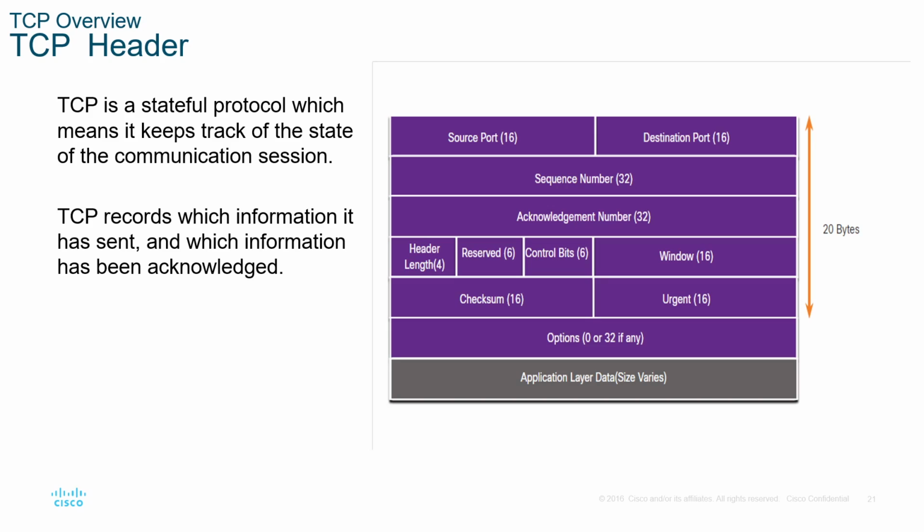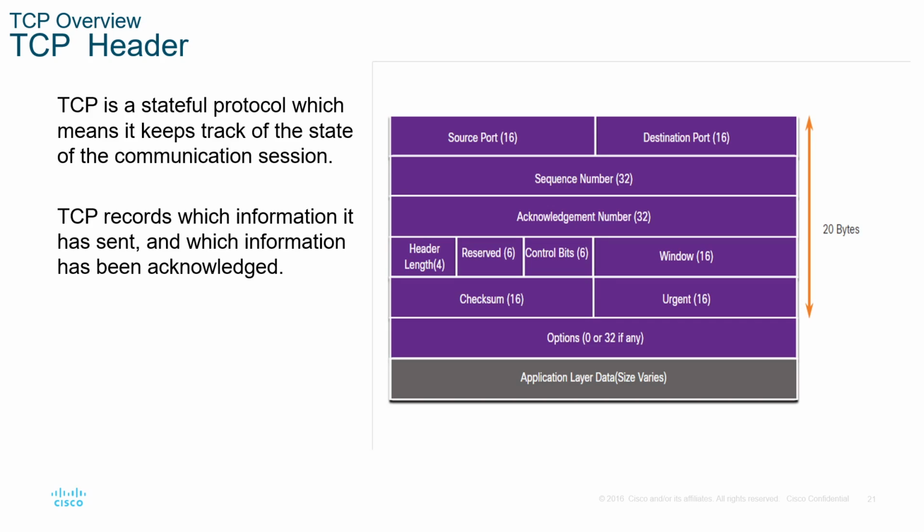We know 2 to the 16 is 65,536. So based on the fact that we have 16 bits, I can have from 0 to about 65,000 port numbers. There are well-known, registered, and other port numbers, and we'll get into that in a minute.